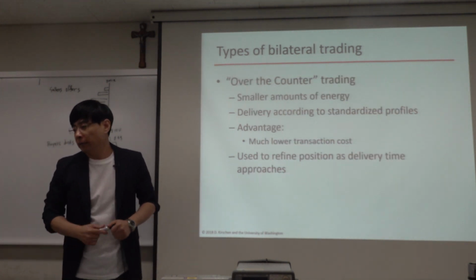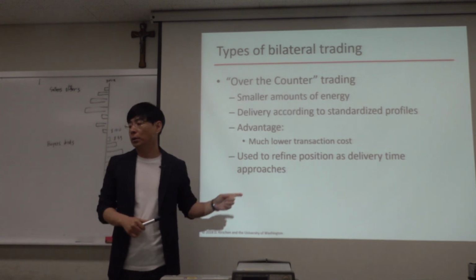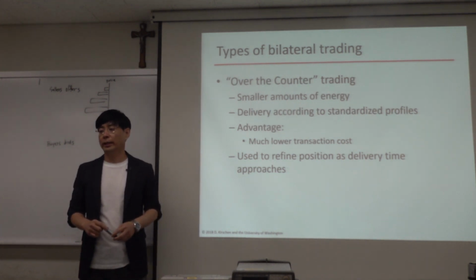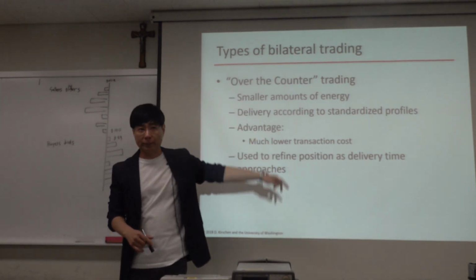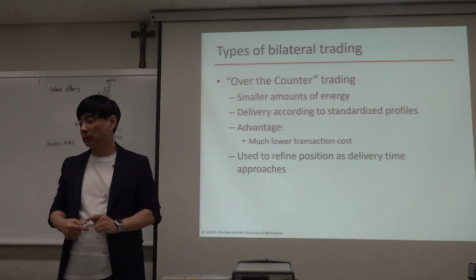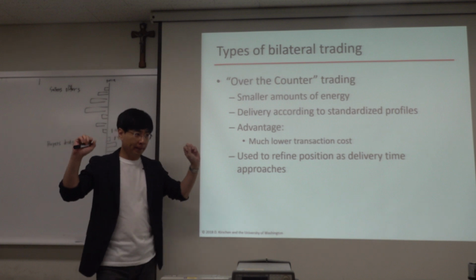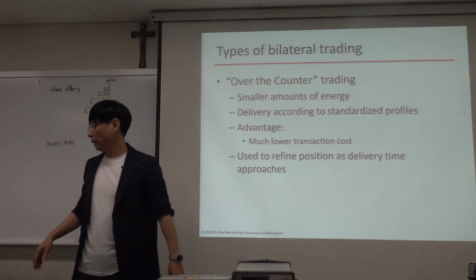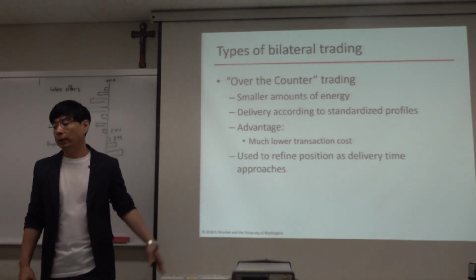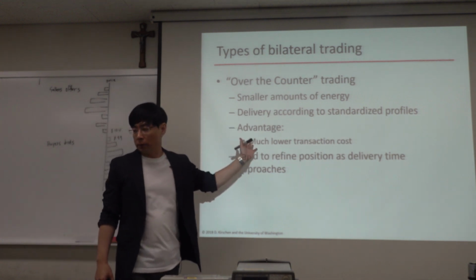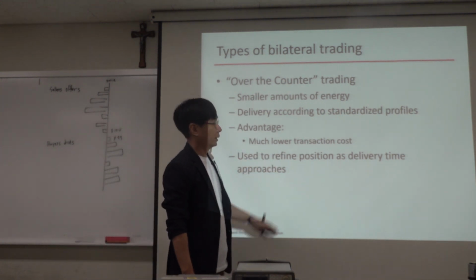The second type of bilateral trading is called over-the-counter trading, or OTC. This over-the-counter trading is called 장외 거래 in Korean. Okay, so as you see from the naming, the volume of over-the-counter trading is smaller than before.